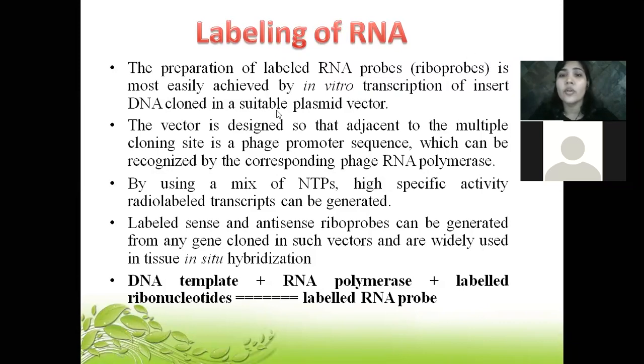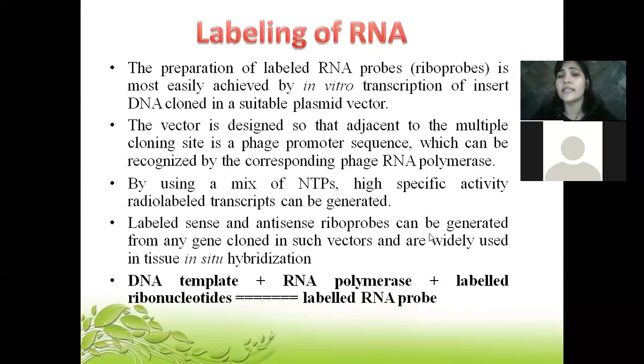Okay, so I just wanted to tell you that part, just to make sure that you understand what you mean by plasmid, what you mean by vector. So the vector is designed so that adjacent to the multiple cloning site is a phage promoter sequence, which can be recognized by the corresponding phage RNA polymerase. By using a mix of NTPs, high specific activity radiolabeled transcripts can be generated.